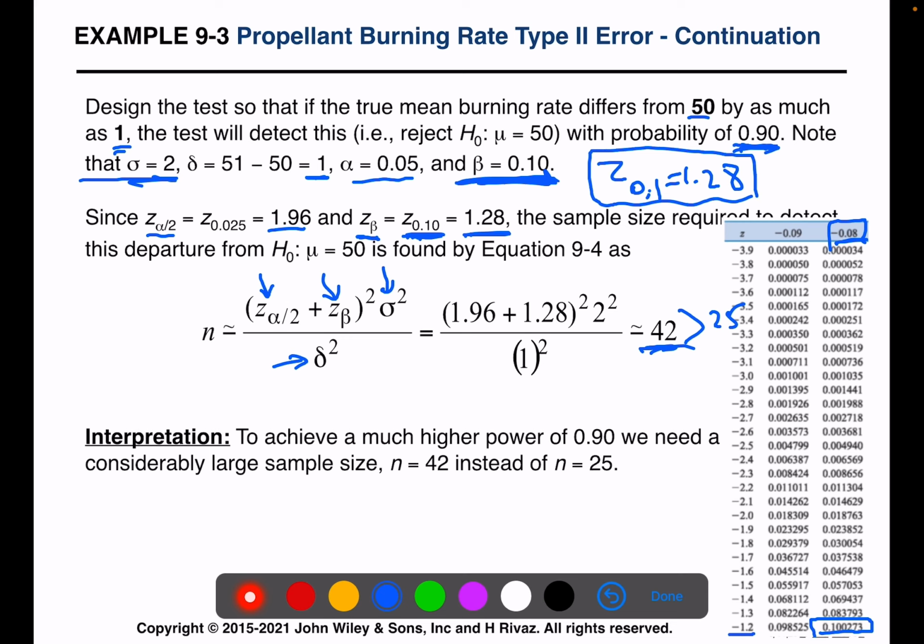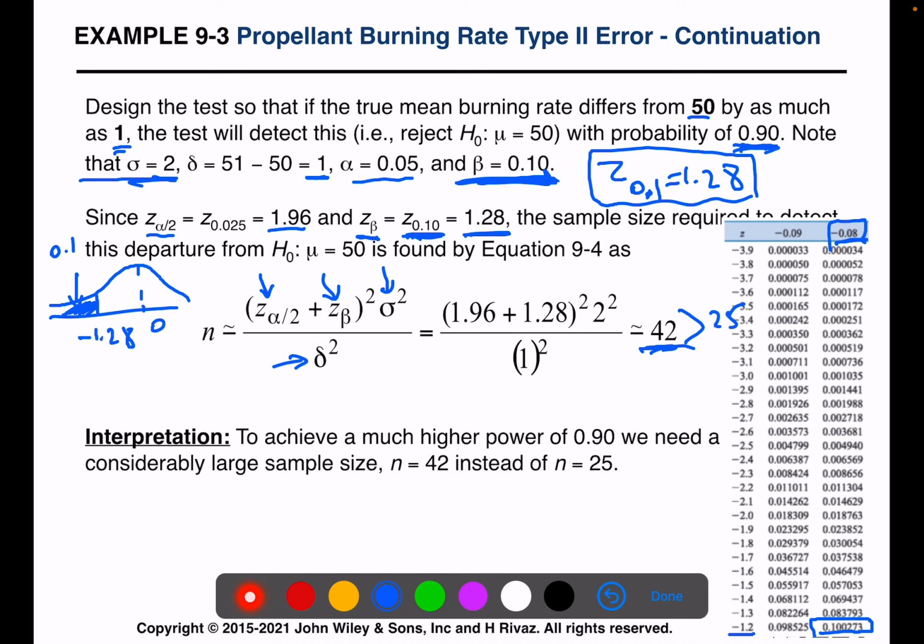I'm saying that in the normal distribution, what is the value here such that this area under the curve is 0.1? And that means that this Z value is minus 1.28.